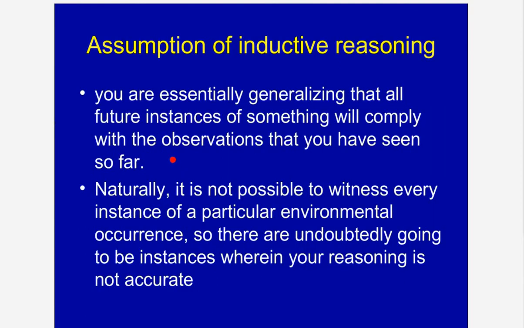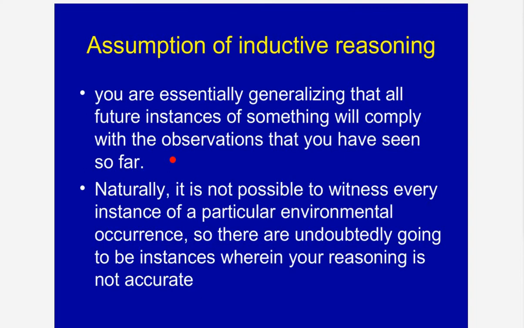You are essentially generalizing that all future instances of something will comply with observations that you have seen so far. Naturally, it's not possible to witness every instance of a particular environmental occurrence. So there are undoubtedly going to be instances where your reasoning is not accurate.